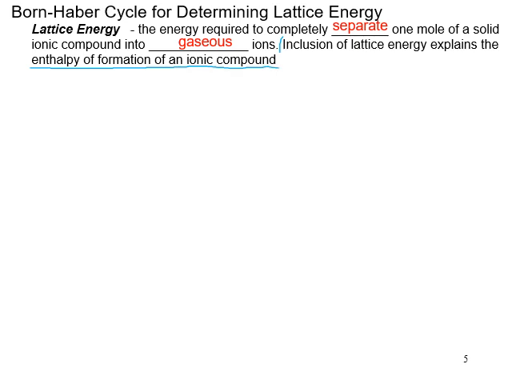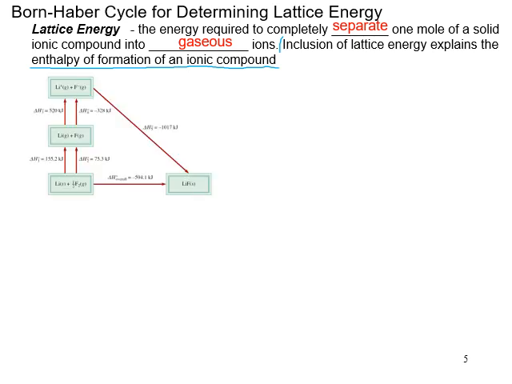So we are going to use the Born-Haber cycle, or Hess's law, it's the same thing, to determine lattice energy and to look at the enthalpy of formation of an ionic compound. I know this is a little small, hopefully you can see it on your screen, but this figure is showing the steps that elements undergo to create an ionic compound.